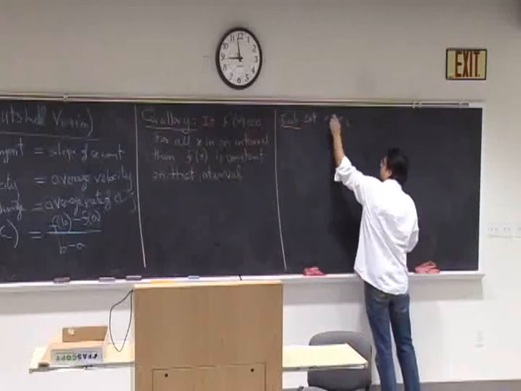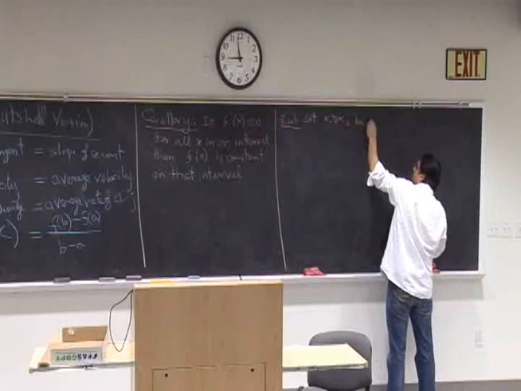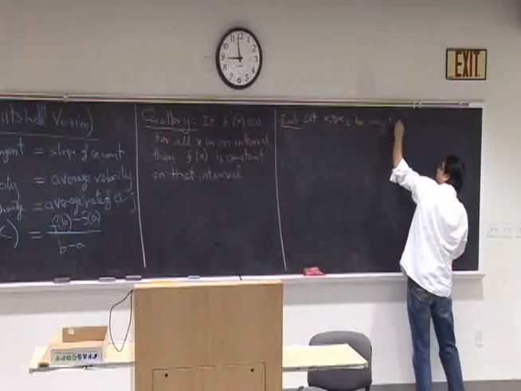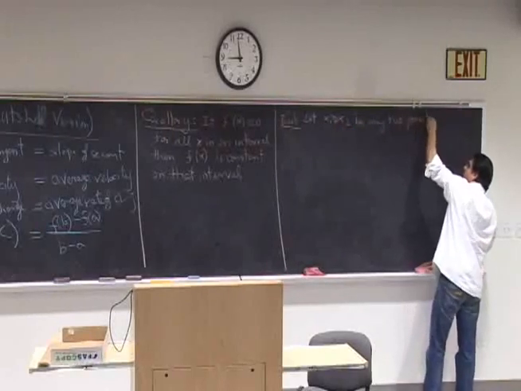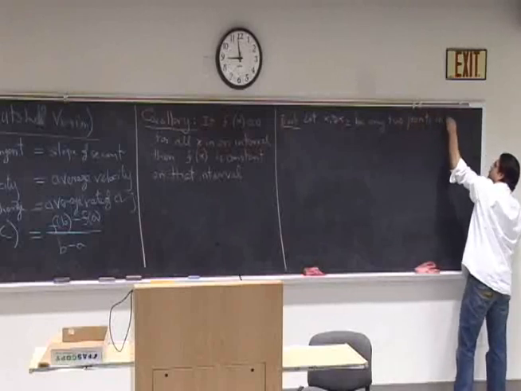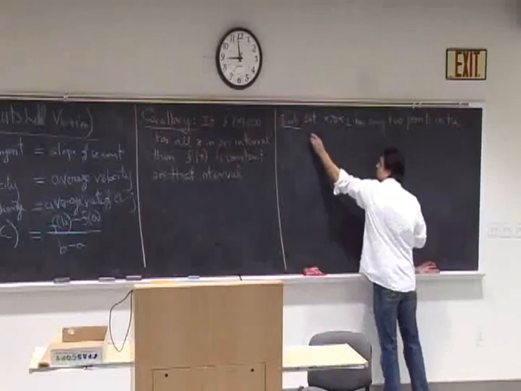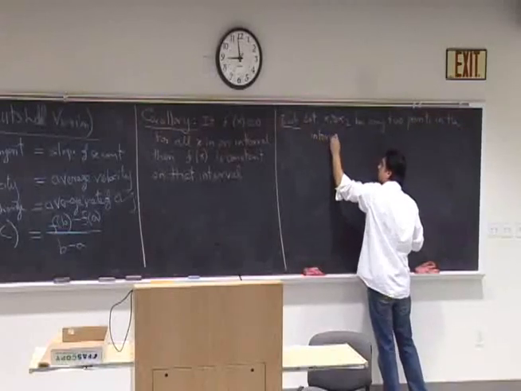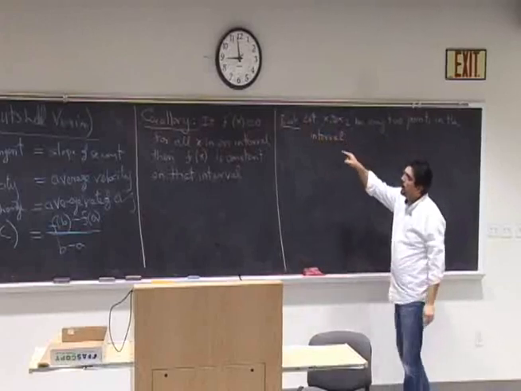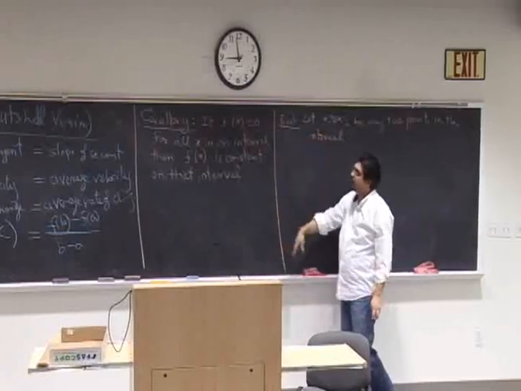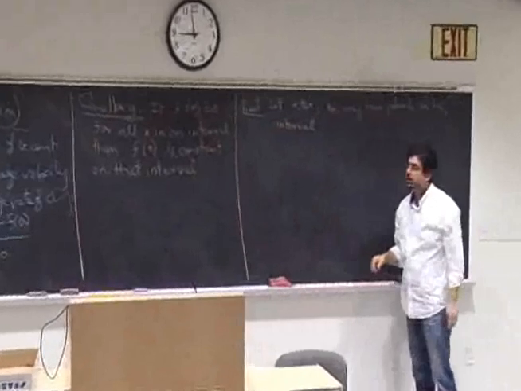Okay? So to prove, we can say let x1 and x2 be any 2 points in the interval that the corollary mentions, the interval in which the derivative is zero everywhere.